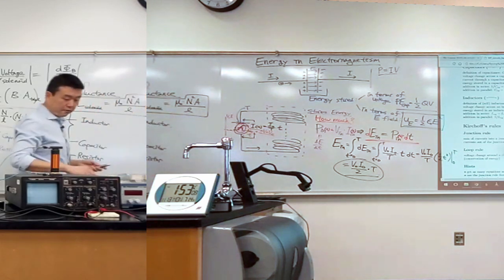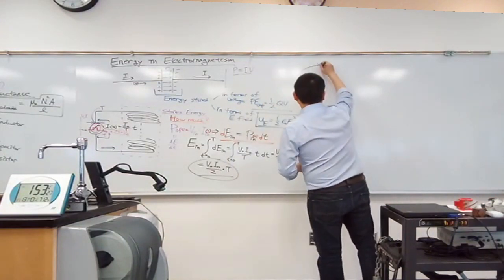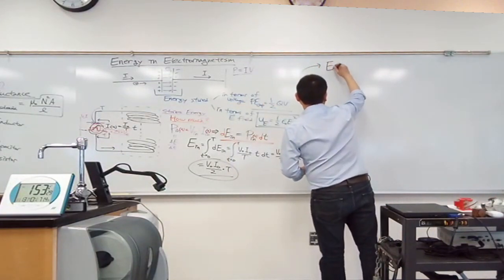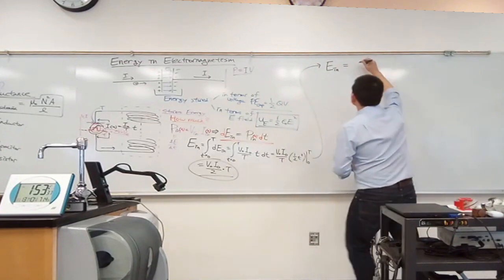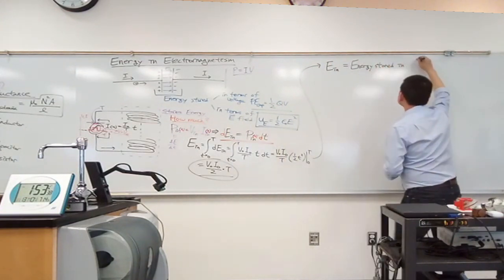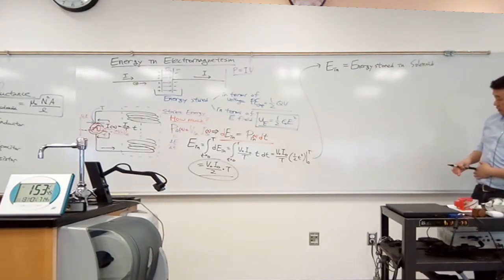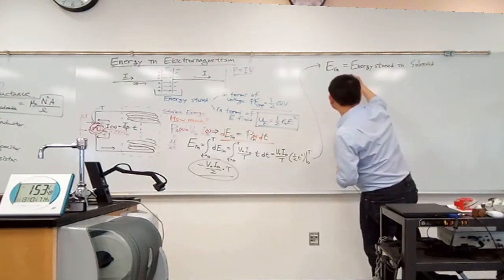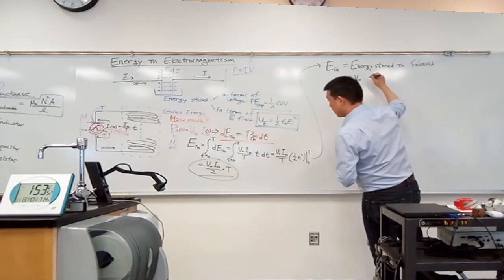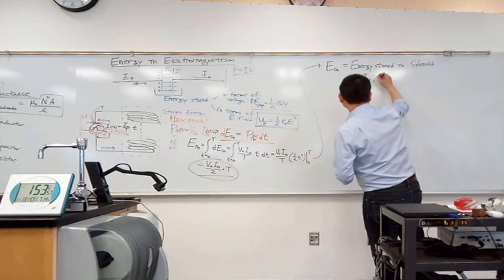This is the statement I want to make: the amount of energy that went in is equal to the energy stored in the solenoid. So the amount of energy stored in the solenoid is equal to V naught times I naught over 2 times T.